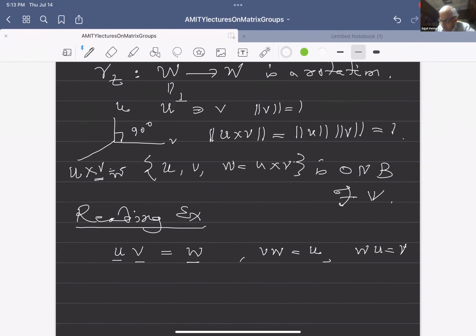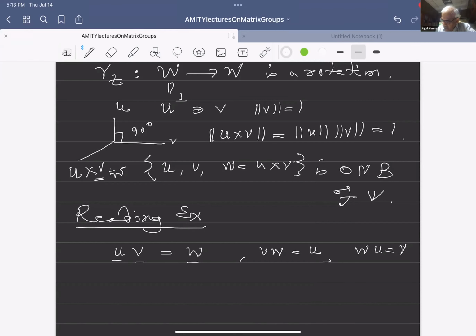This is understood because this is a basis of the space of purely imaginary quaternions. But check using multiplication of quaternions that this is true.